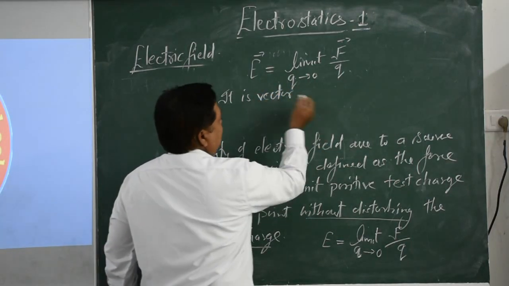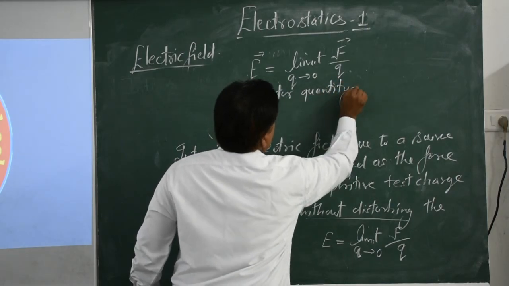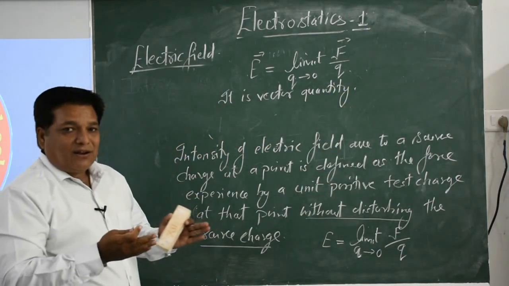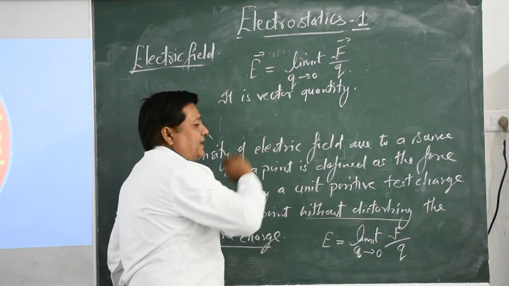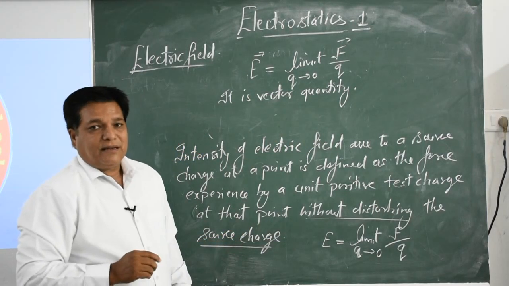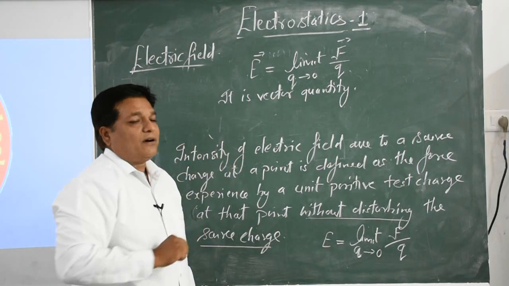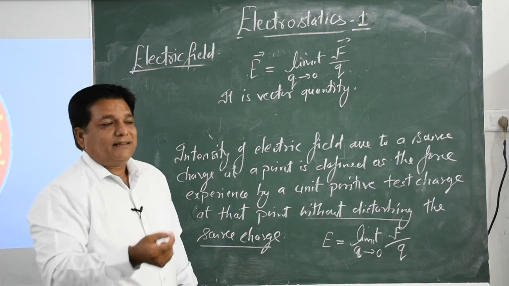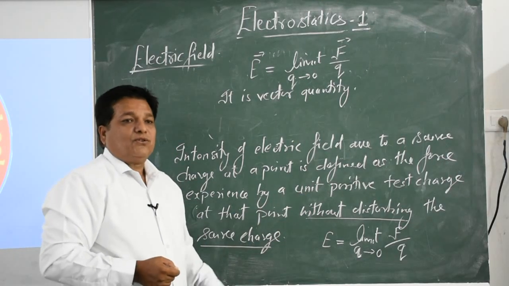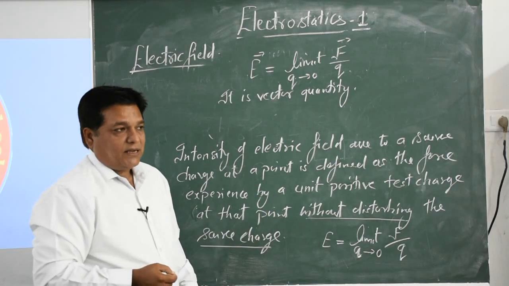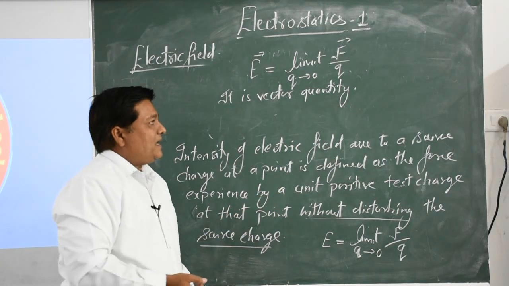Then what is the direction of electric field? Its direction is along the direction of force. Suppose a test charge is placed at a particular location in the field of the source charge, and the test charge we are taking is a unit positive test charge. The source charge is also a positive charge. The force of repulsion takes place on the test charge, and it will move.